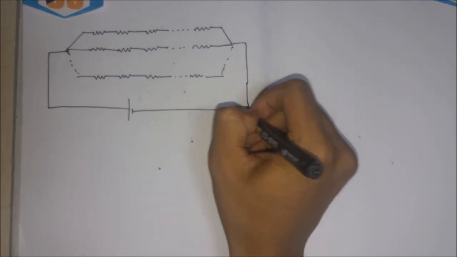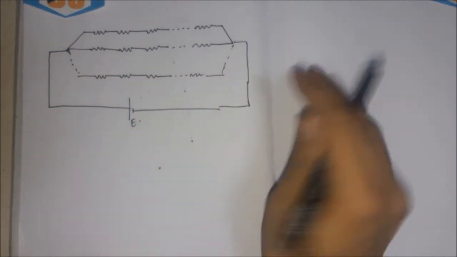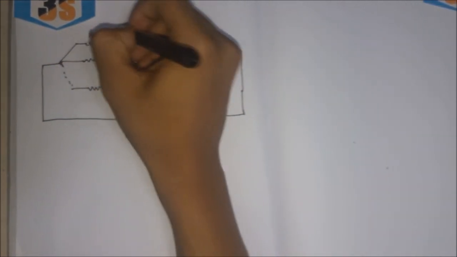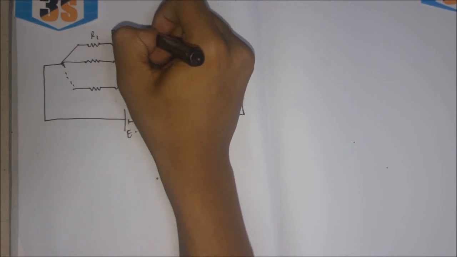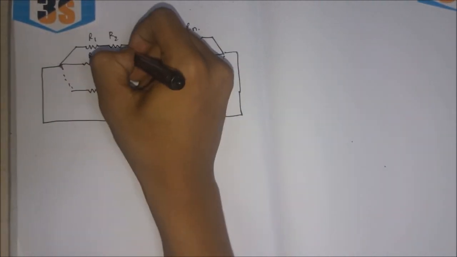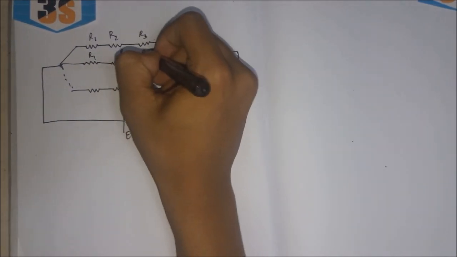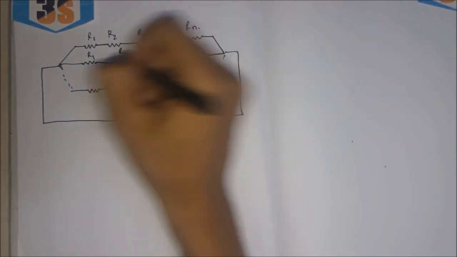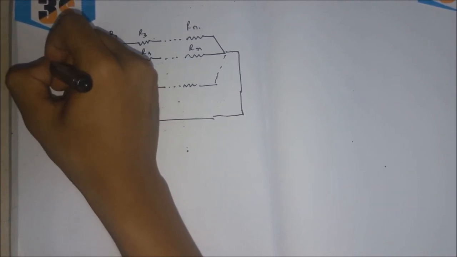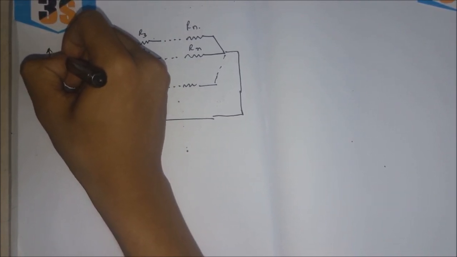We have a cell giving a potential of E. Now there are n number of resistances in each row, R1, R2, R3 up to Rn. Similarly, R1, R2, R3 up to Rn. There are m rows.